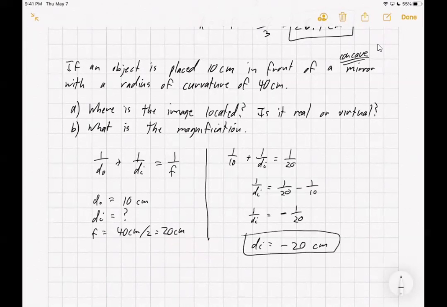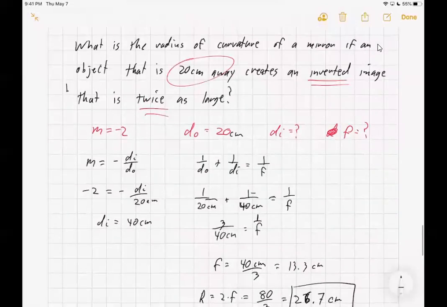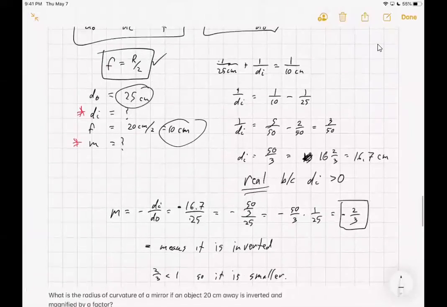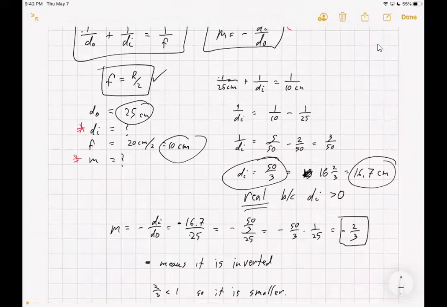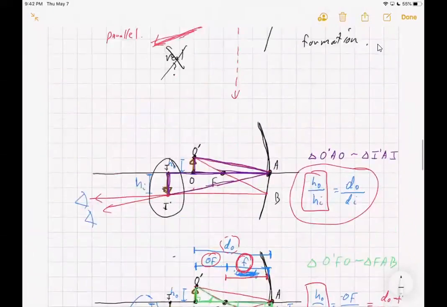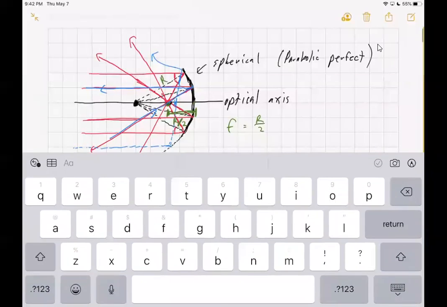Now you'll notice that two problems ago, when we solved for DI, it came out to be a positive number, and it was a real image. Now we get a negative answer, and it is a virtual image. What does that mean? It means that it's on the opposite side of the mirror.